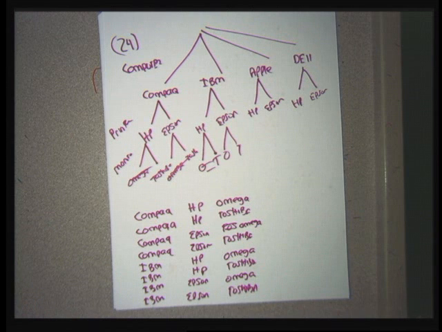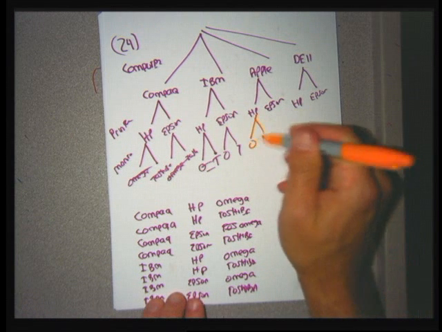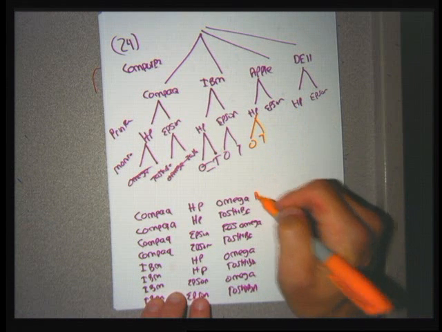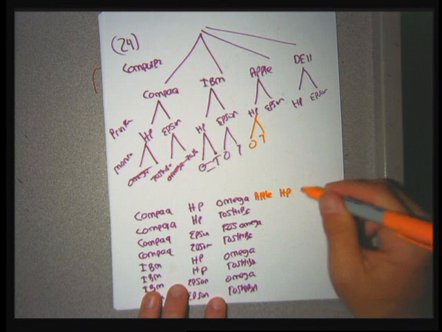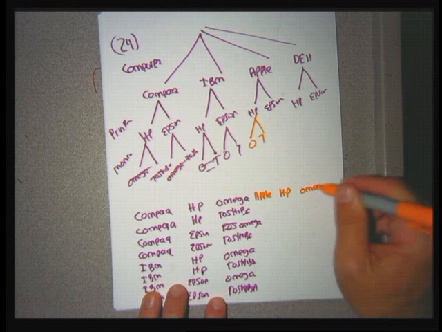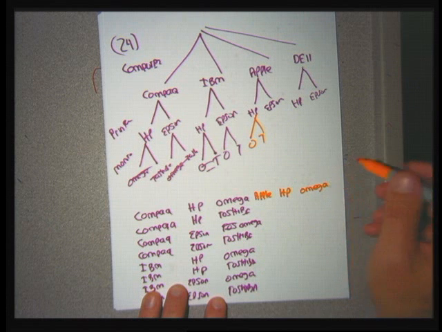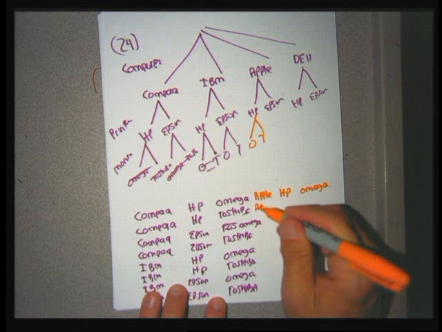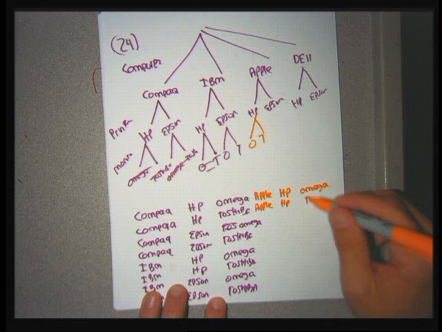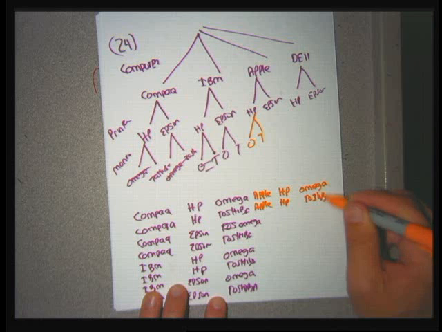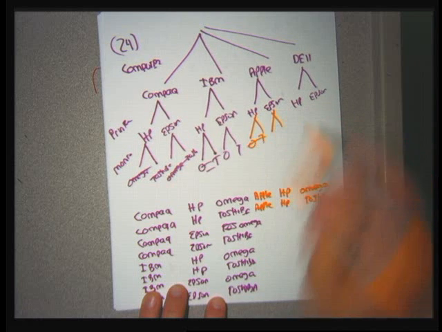Now I'm going to do the Apple. So I can get an Apple computer, an HP printer, an Omega monitor, or an Apple computer, an HP printer, and a Toshiba monitor. Now I'm going to do this branch.